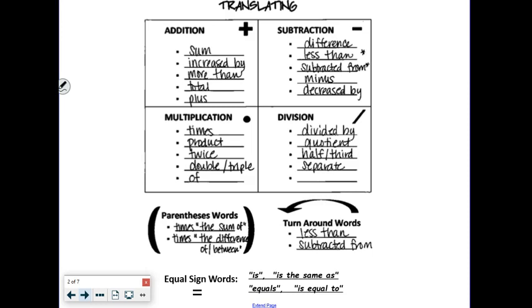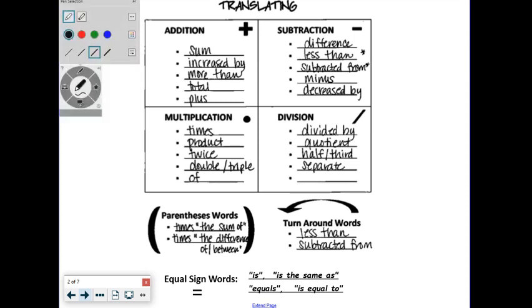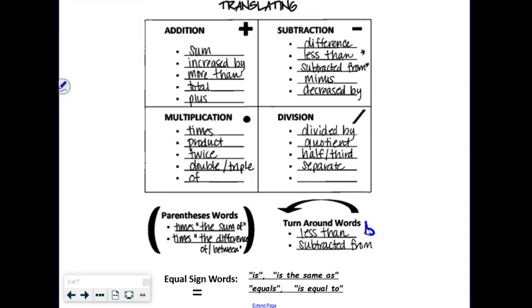Turnaround words, those are with subtraction. So if something is less than another thing, if A is less than B, then you would write, let me get a different color here. If A is less, you want A less than B, meaning you're taking A away from B. So even though it says A less B, we're going to subtract it in the reverse order.